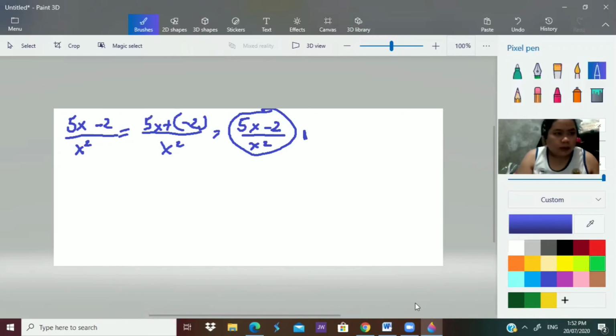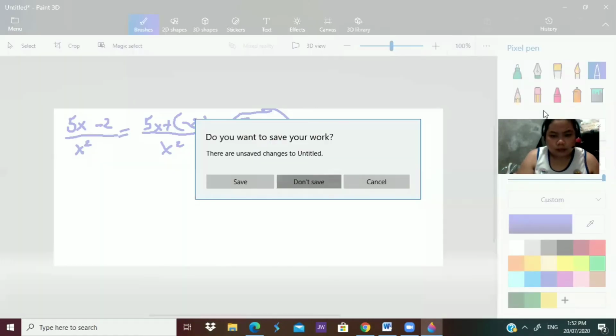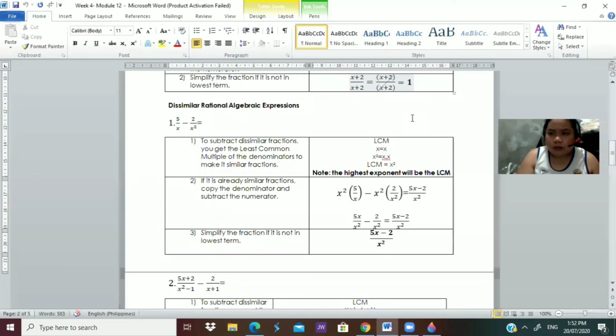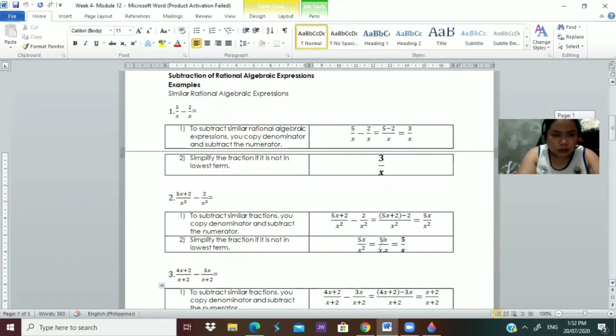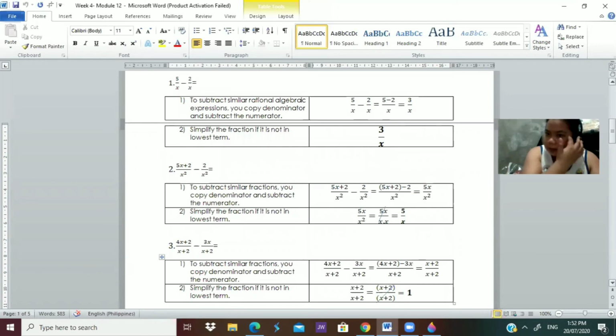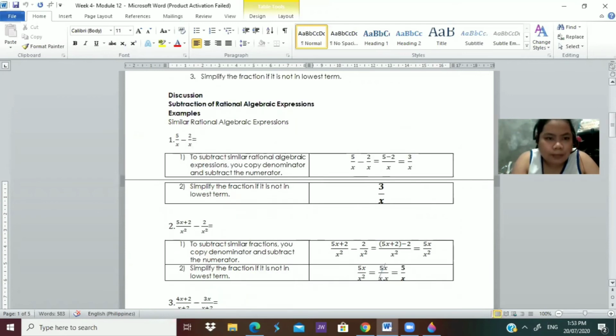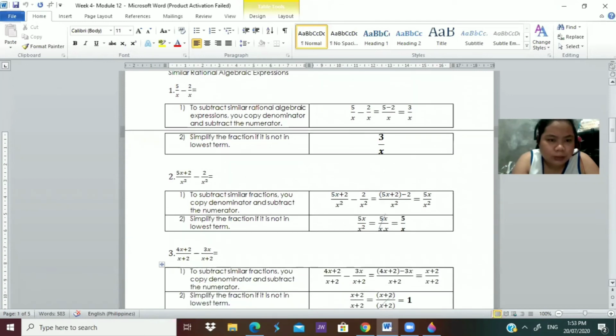Okay, so let's have number, I think we're in number 3. Ngayon po, linawin ko lang, nagkataon sa aking given, hindi ko nasabi yung rule ng subtraction sa similar rational expressions.